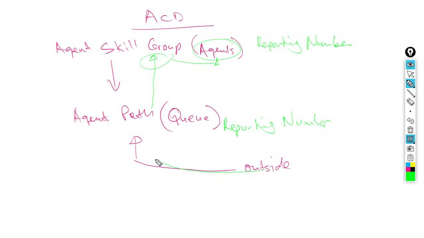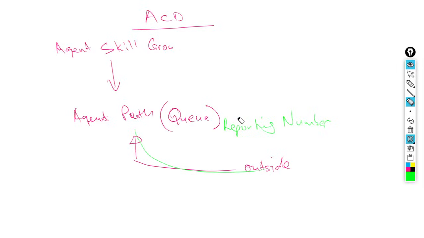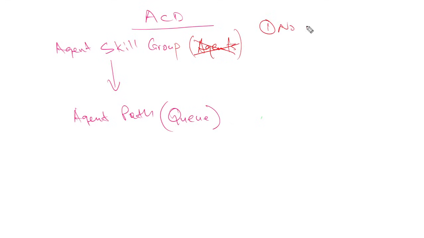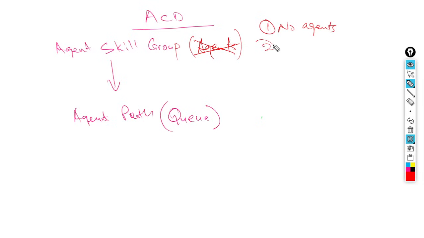So when a call comes into the queue and it goes to the skill group and the skill group passes to the agents, if there are no agents available in the queue, number one, if there are no agents available, or all agents are busy.